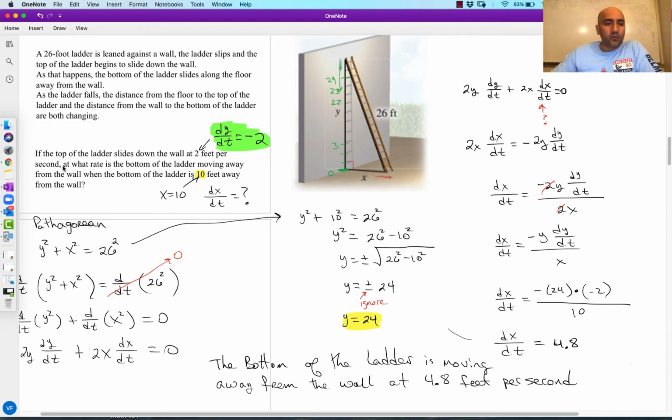The question was, if the top of the ladder slides down the wall at 2 feet per second, at what rate is the bottom of the ladder moving away from the wall when the bottom of the ladder is 10 feet away from the wall? So when x equals 10, the bottom of the ladder is moving away from the wall at 4.8 feet per second. That's the value of dx/dt.